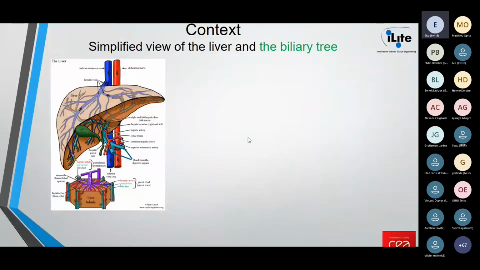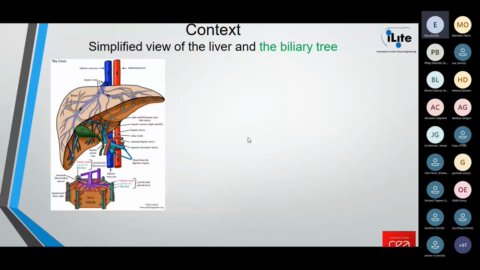When you are thinking about liver tissue engineering, a lot of studies are focusing on reconstructing the parenchymal tissue with hepatocytes. It is really important, of course, but there is another system that is essential in the liver: the biliary tree.